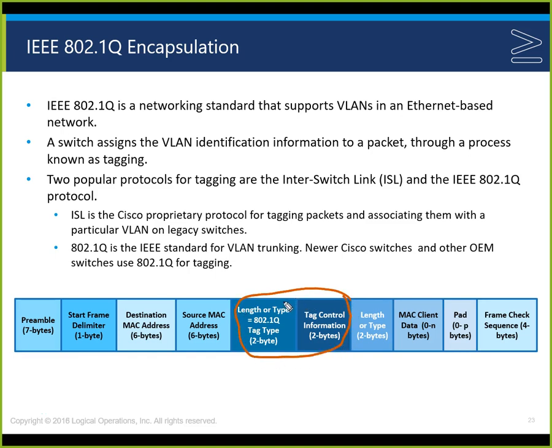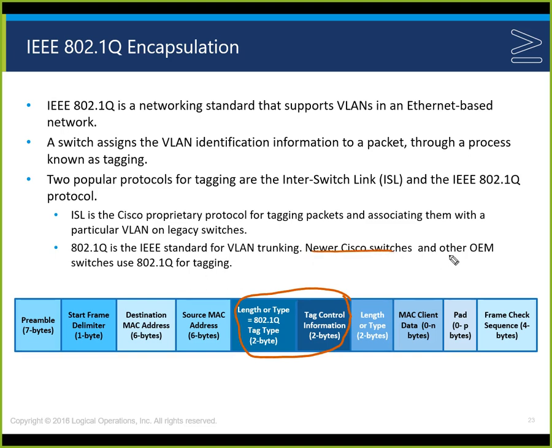Because if we didn't strip it out before it's forwarded to the devices on the VLAN, then we're going to wind up with a non-standard frame, and the machines, the servers, the workstations, the printers aren't going to know what to do with it. So the .1Q gets put in as it leaves the switch, and then it gets stripped out as it goes away from the switch.